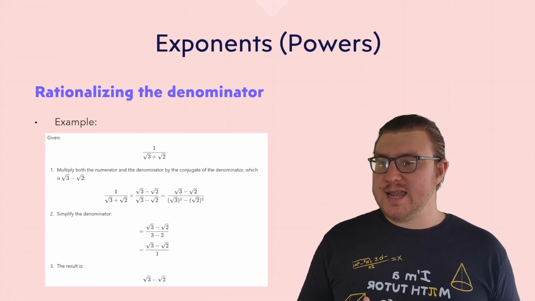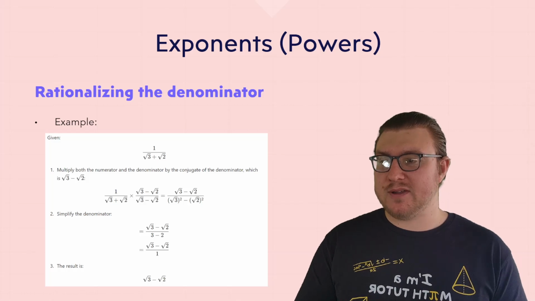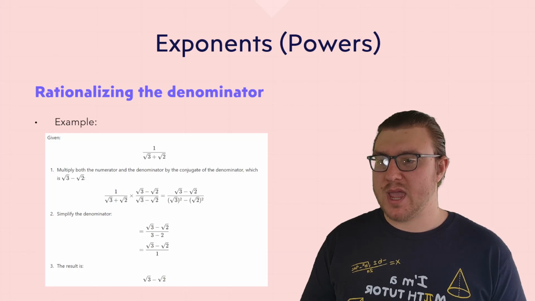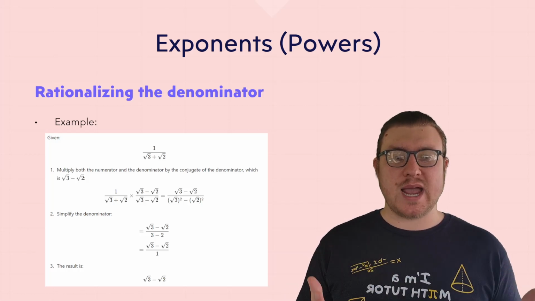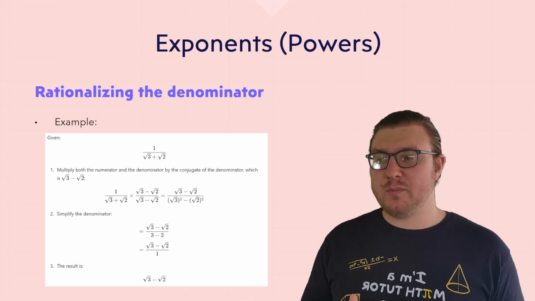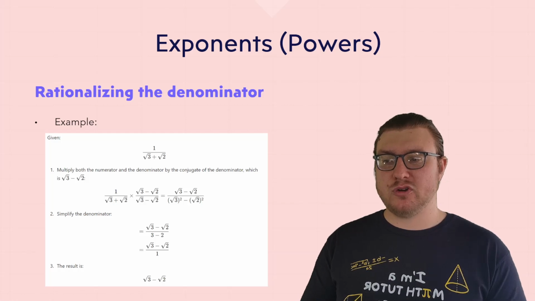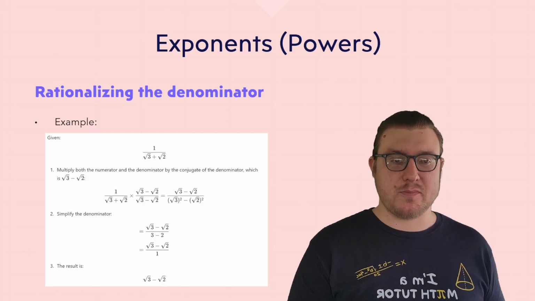Now we can see top times top gives us the square root of 3 minus the square root of 2. Again, they're different bases, so we can't simplify those. But in the bottom, we get the square root of 3 plus the square root of 2 multiplied by the same expression with a minus.